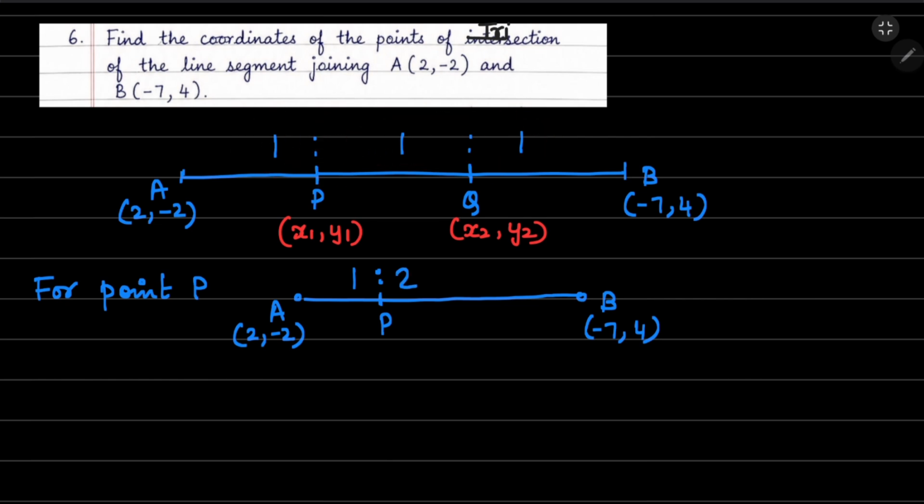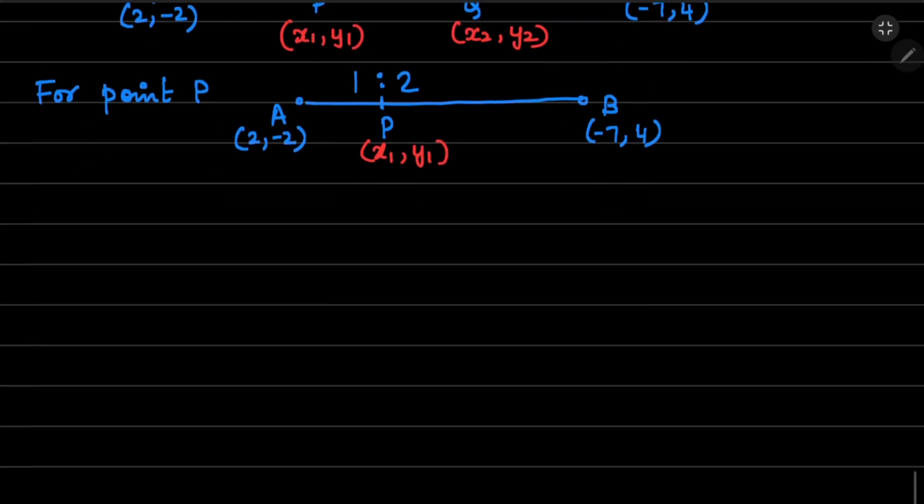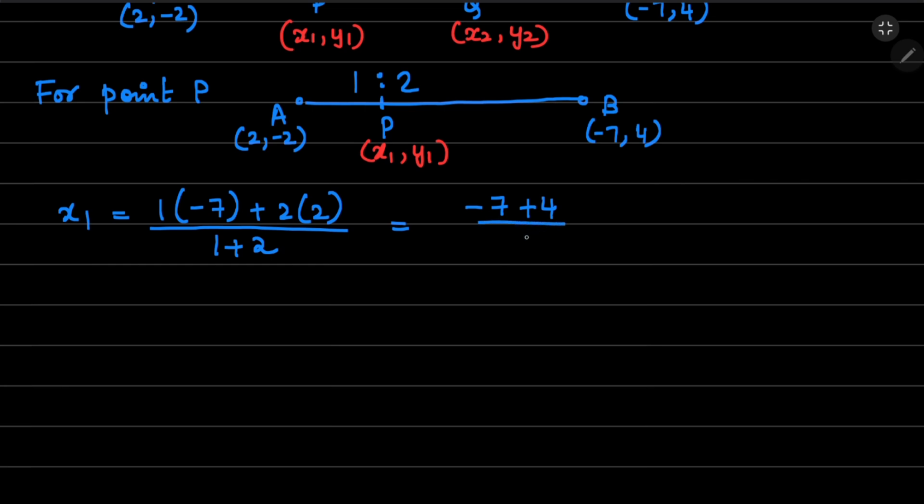So let's calculate the x coordinate and y coordinate of the point P. So x1 will be equal to (1 into minus 7 plus 2 into 2) whole divided by 1 plus 2. So this is equal to (minus 7 plus 4) by 3, which is minus 3 by 3, which is equal to minus 1. That's your x coordinate.